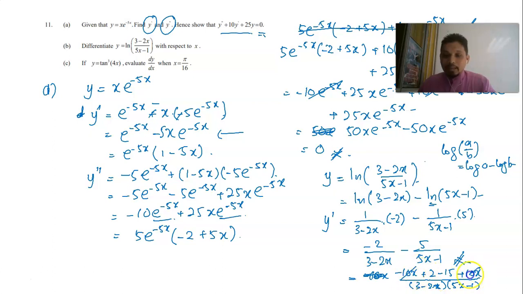Negative 10 plus 10 equal to 0. Then 2 minus 15 equal to negative 13 divided by 3 minus 2x and 5x minus 1. There you go.